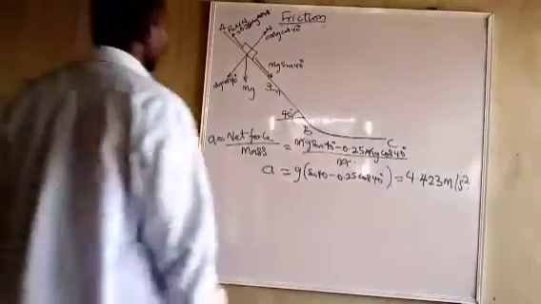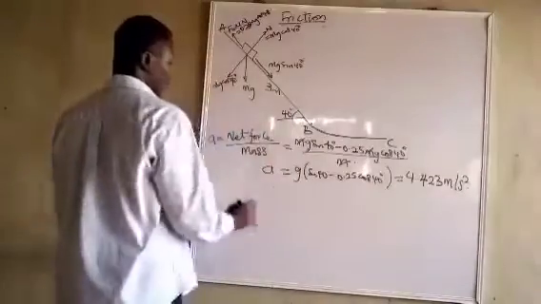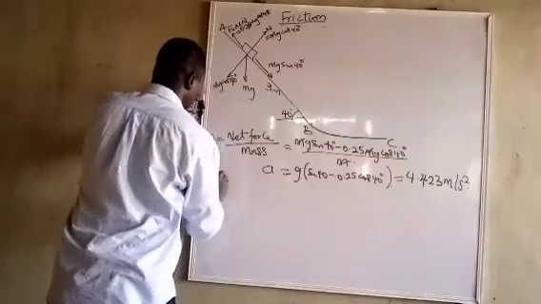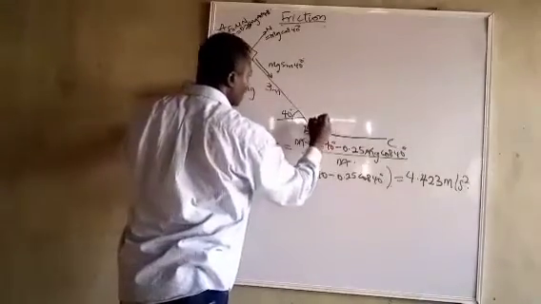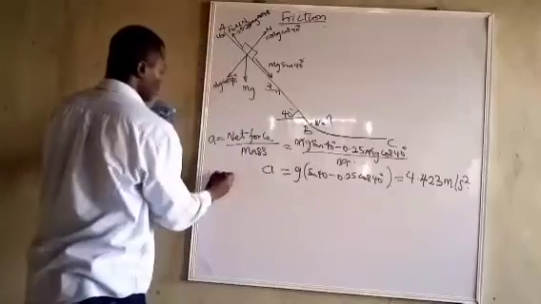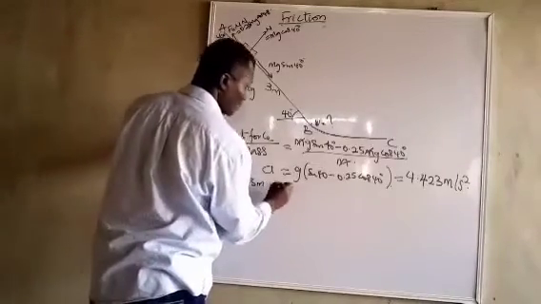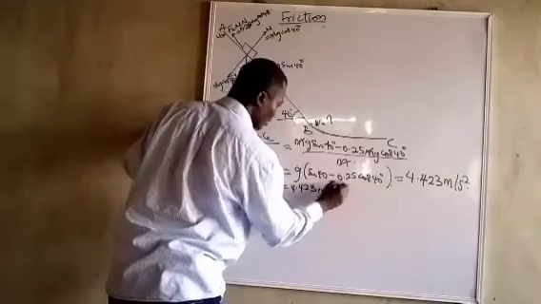The next question says that you find the velocity at this point. We know our s to be 3, and here u is 0. v at this point is what you have to find. So at the distance s is 3 meters, a is 4.423 meters per second squared.